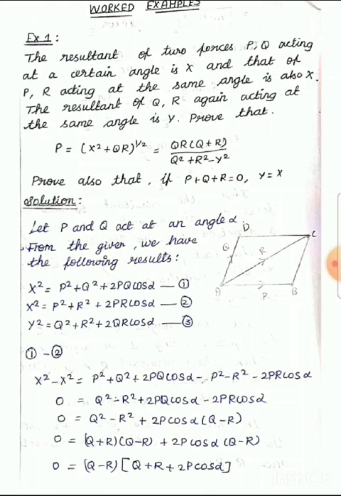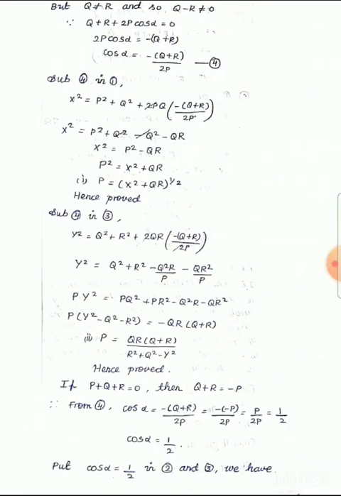So Q squared minus R squared becomes (Q plus R) into (Q minus R), plus 2P cos alpha of (Q minus R). In the two terms Q minus R is common, so take it outside. So we get 0 is equal to (Q minus R) into (Q plus R plus 2P cos alpha).